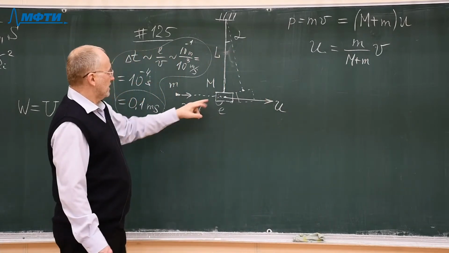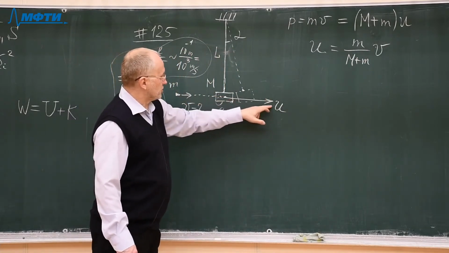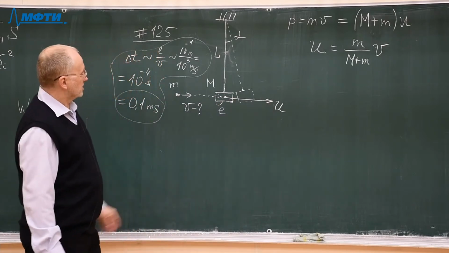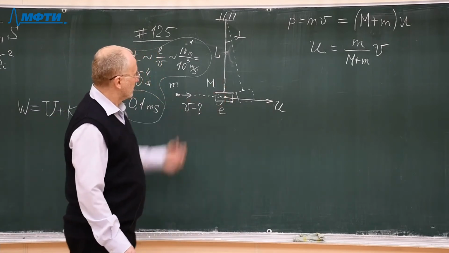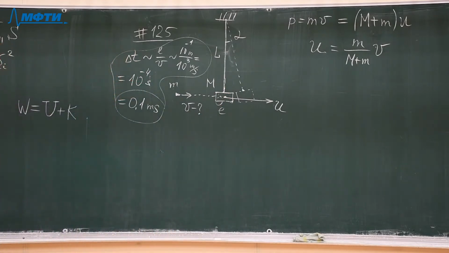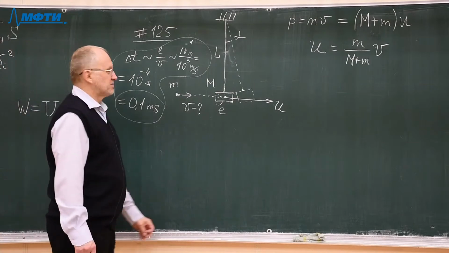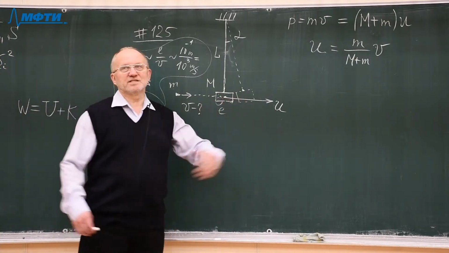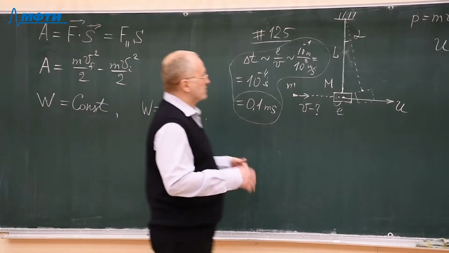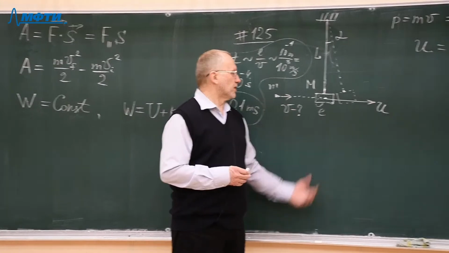But let me draw such a long vector just to facilitate the consideration of this problem. Sometimes we have to draw vectors and displacements somewhat unreal, somewhat enlarged, in order to make the picture more clear.